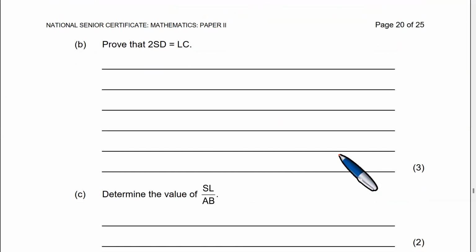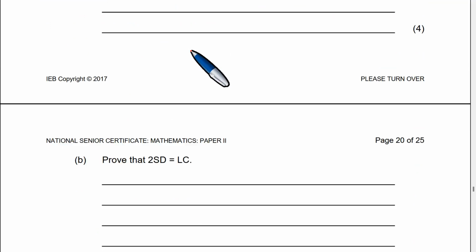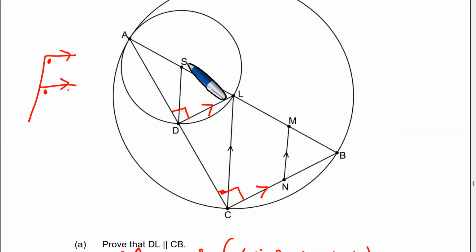Okay, there's something small for us to prove. We need to prove that twice SD is equal to LC. Let us prove this, but it is very, very obvious.